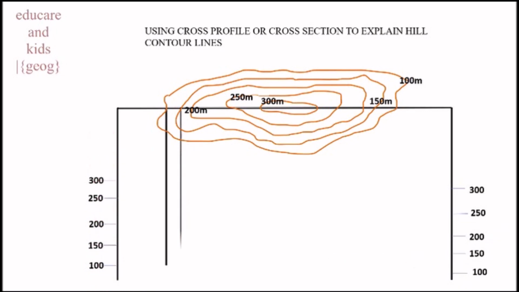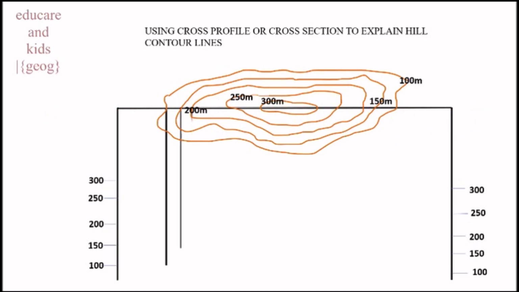So as you can see, this is contour 100. So you trace contour 100 to this point. This is contour 200, and viewers should know where we are tracing the contour line. We are tracing them exactly from the horizontal line that has cut across all the contours.